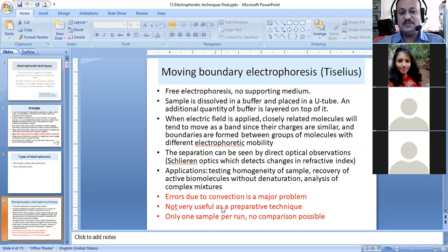These convection currents in turn result in the distortion of the moving boundaries. The boundaries cannot move along in a sharp manner, but there is some disturbance in the movement of the sample, right? And these distortions in the movement may probably result in some errors in the analysis, right? Have you understood this?